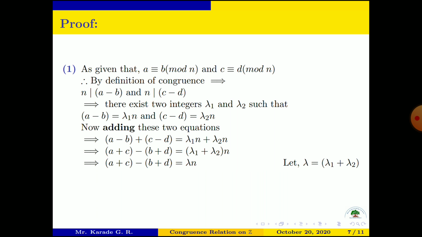So if I put lambda for lambda 1 plus lambda 2, then on the right hand side you will get lambda n. So this implies a plus c minus b plus d is equal to lambda times n, meaning the difference a plus c minus b plus d is a multiple of n, and this shows that n divides a plus c minus b plus d.